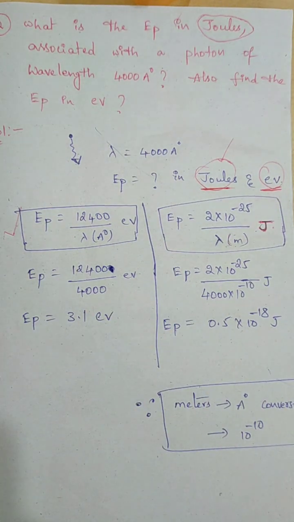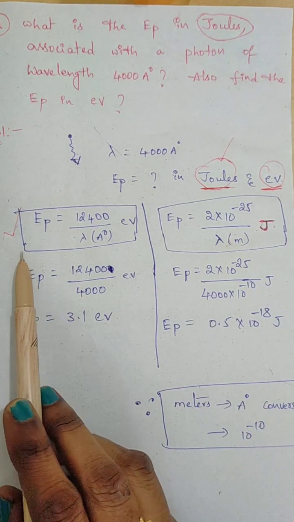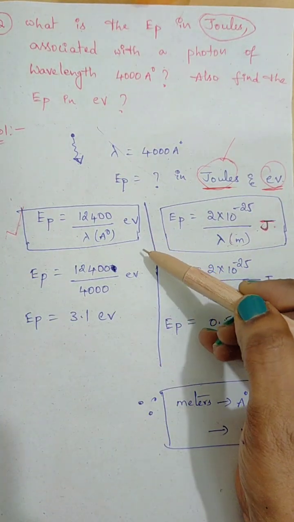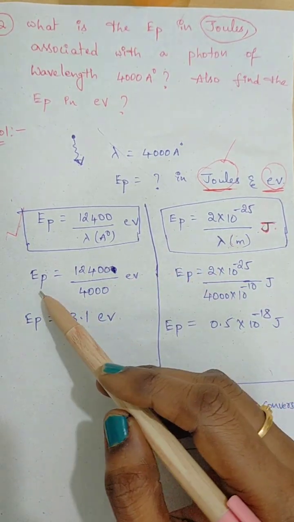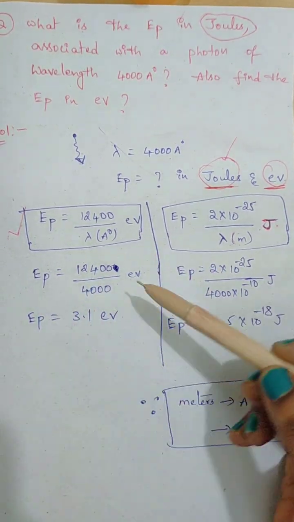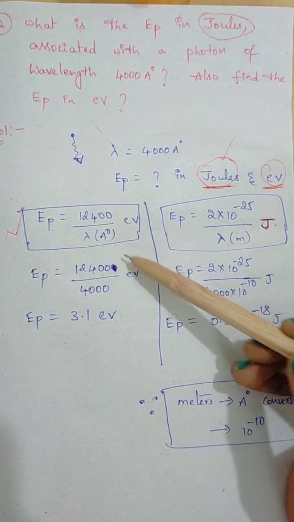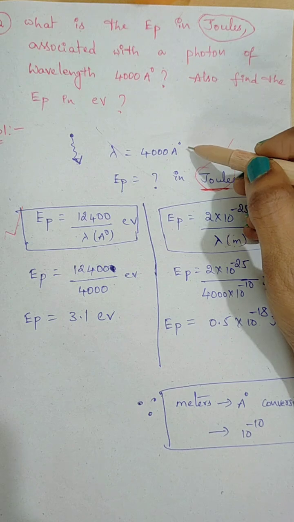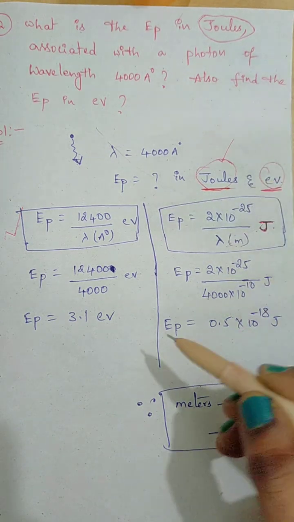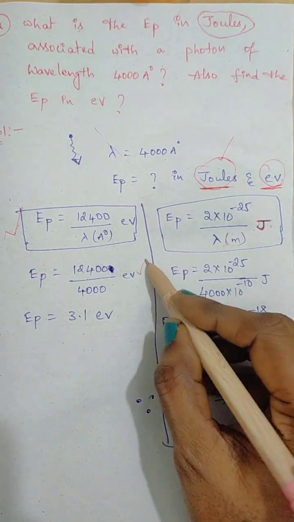So first we need to substitute this value. First we are going to calculate the energy of the photon in electron volts. Substitute these values in this formula. Energy of photon is 12400 by, what is the wavelength in angstrom? They have already given 4000 angstrom, in electron volts.